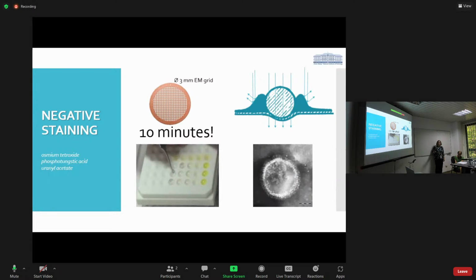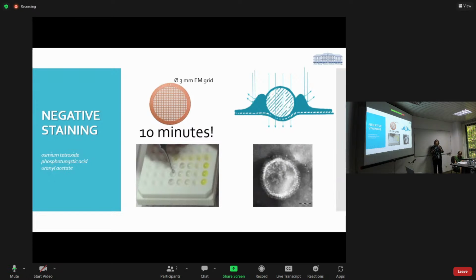This is the only support which can be introduced in a transmission electron microscope. So we can put a little drop of biological fluid containing the particles. We can let the grid dry, and after that we cover the particles which are on the grid with a small thin layer of metallic solution having large atoms.